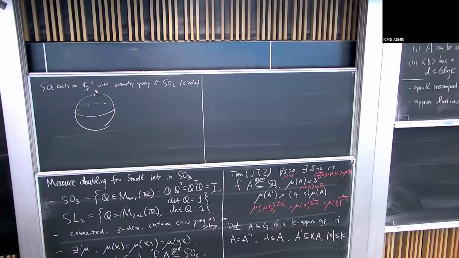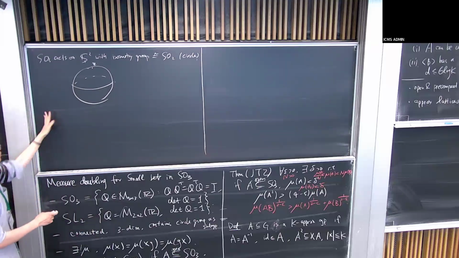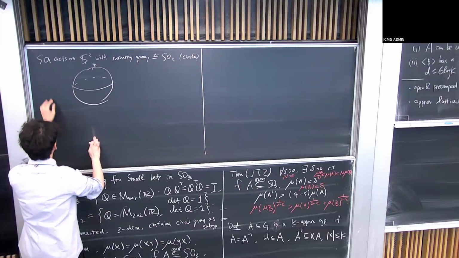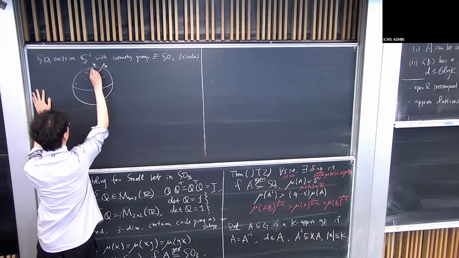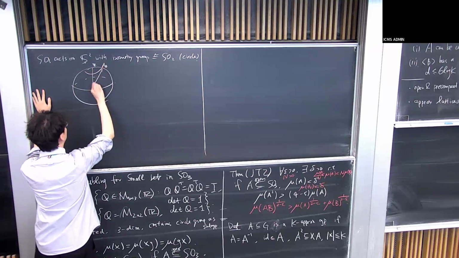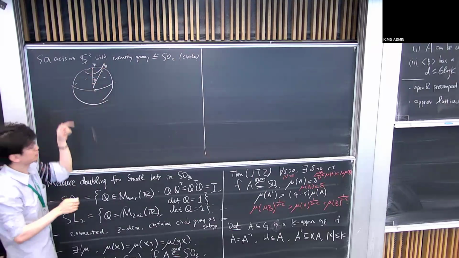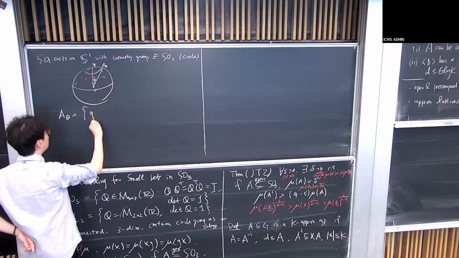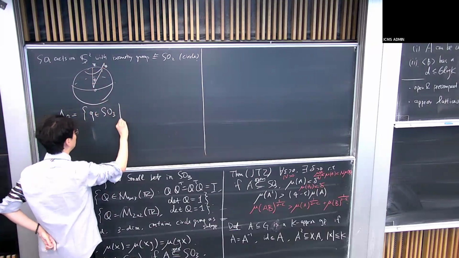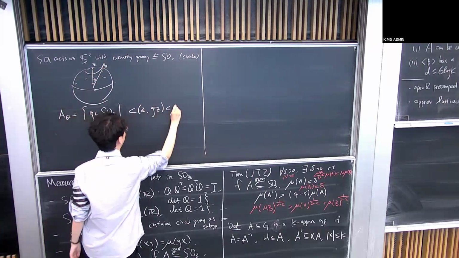So you have a nice action, and now we define a set that looks like a small cap, with angle theta. So within the range of angle theta from the north pole, I define my A theta to be all the elements G in SO3 so that the angle between Z and G acting on Z is smaller than theta.